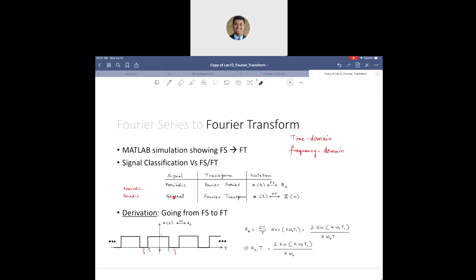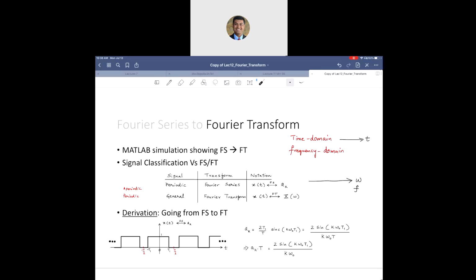Another thing I want to point out: there can be a Fourier transform of periodic signals as well. When you talk about Fourier transform, we are looking at the frequency domain information of the signal, and our x-axis will be omega, the radian frequency, or f, just the frequency. So in time domain, your x-axis is time.